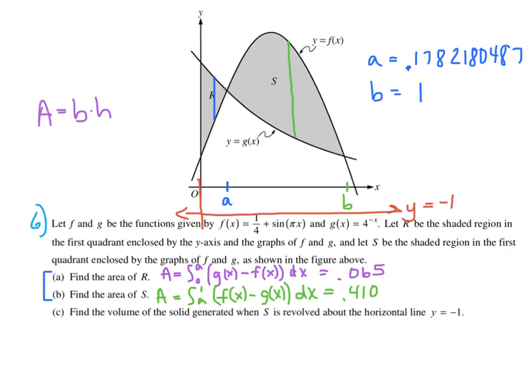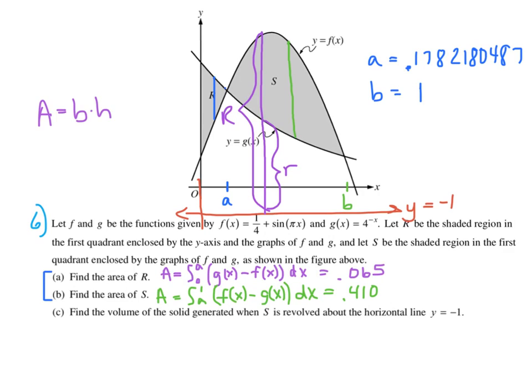So what does that mean I need to do? That means I need to draw in my radii. So I'm going to draw in all the way through S down perpendicular with the line that I'm revolving around. That whole piece is my capital R, and this piece here is my little r.